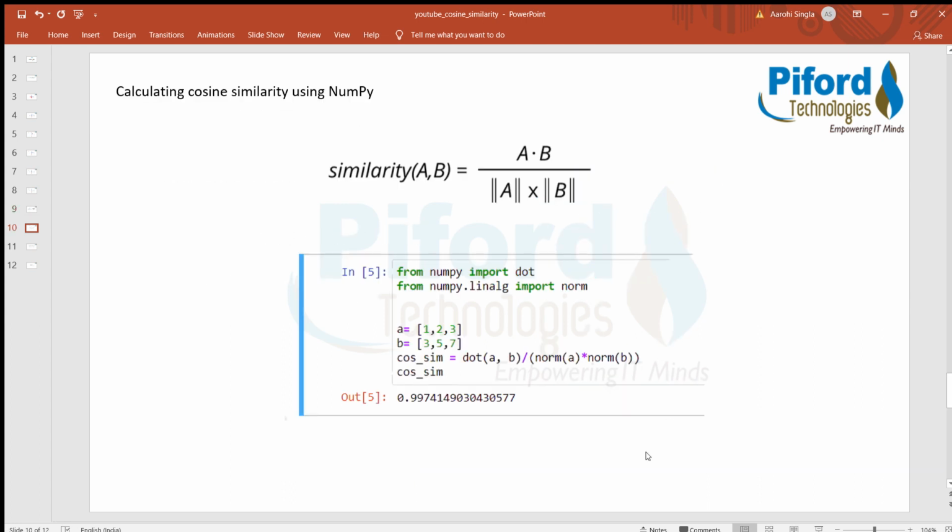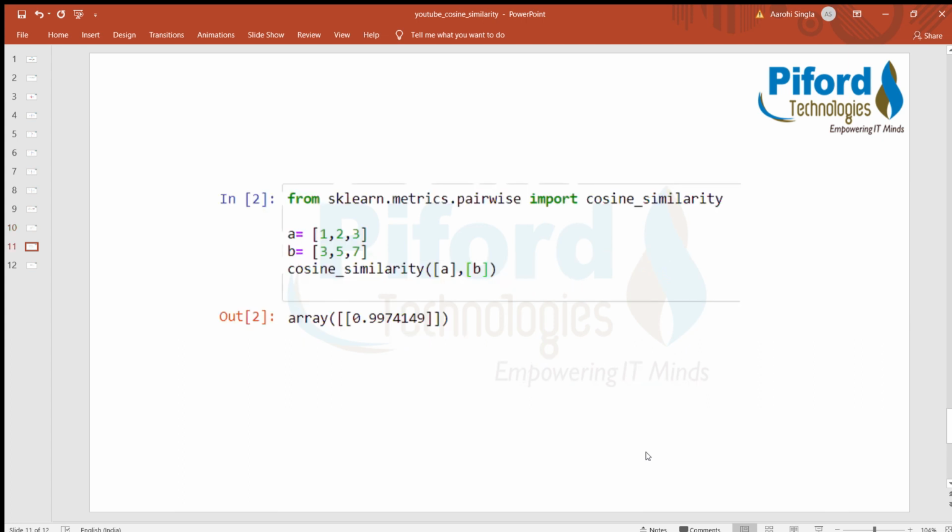Alright. Now let's suppose we don't want to calculate with the help of NumPy either, then we have a ready-made method with the name cosine_similarity, which is a part of sklearn.metrics.pairwise. You can simply call this cosine_similarity, give A and B to it, and you will get the output over here.